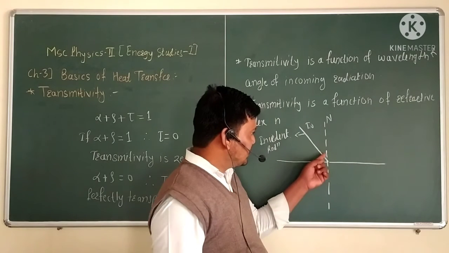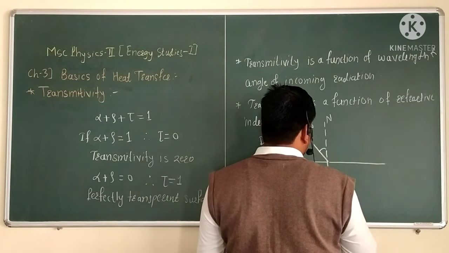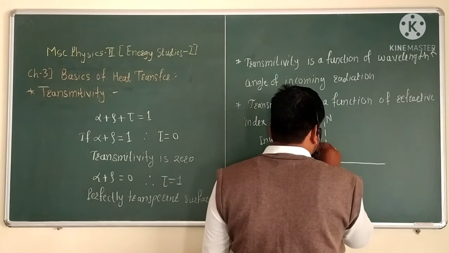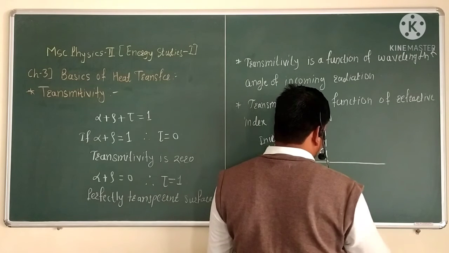The angle created between this normal and the incident ray is theta i, the angle of incidence.